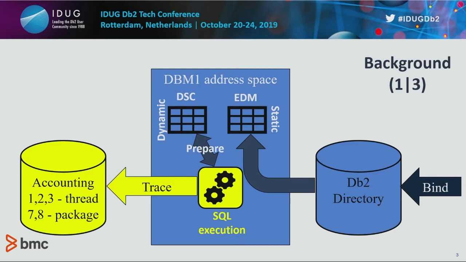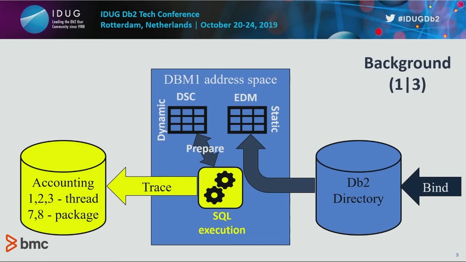So in either case, either with the dynamic cache or with the EDM pool, an entry has a lifespan where it can end. It can be cast out from the cache or the pool, typically because the pool is full and something else needs to come in and it hasn't been referenced for a while, the least recently used kind of situation.